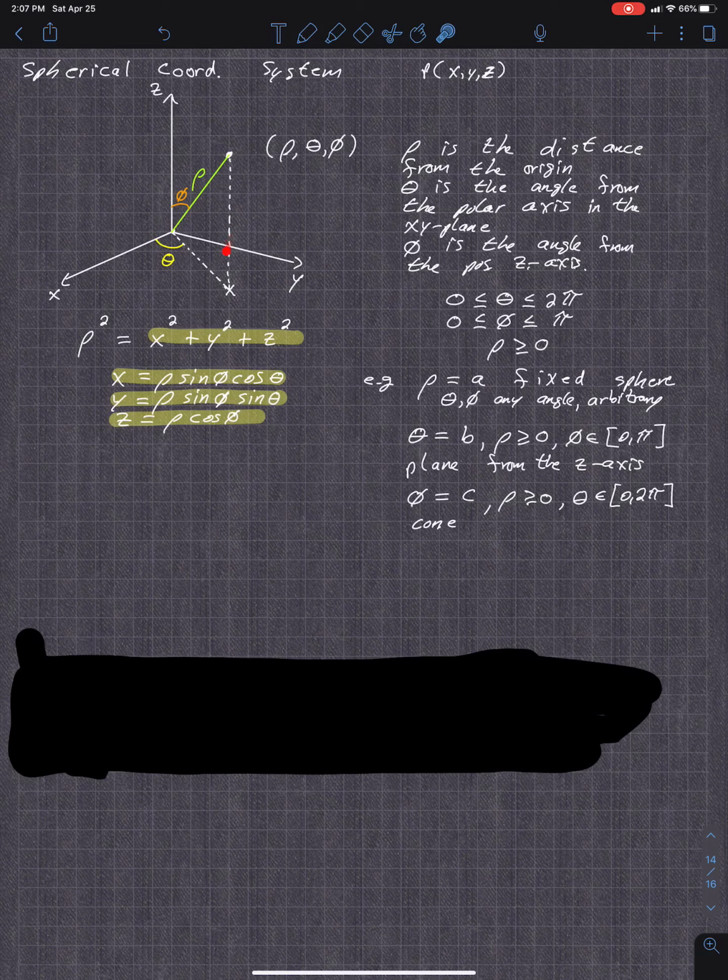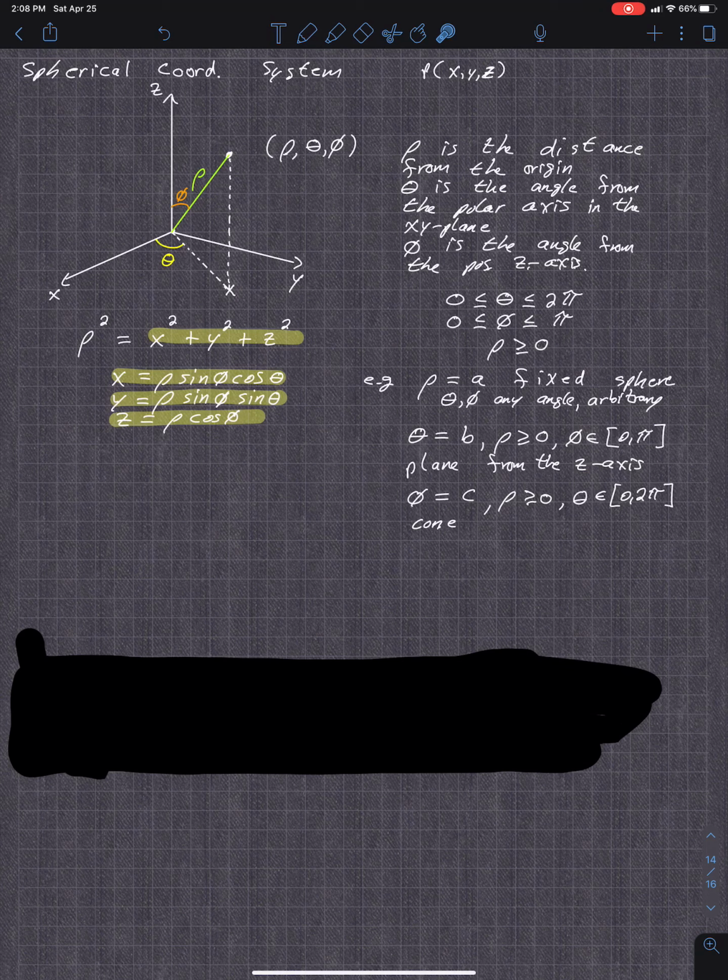That would describe all of these points. It's basically like a circle right there. So there's a bunch of points right in here that are that radius and that angle from the x-axis.